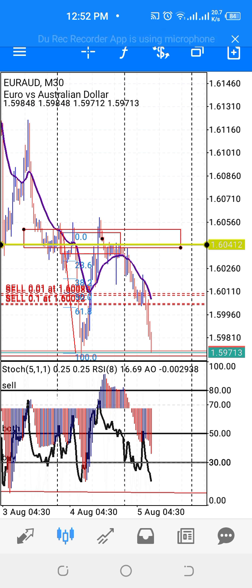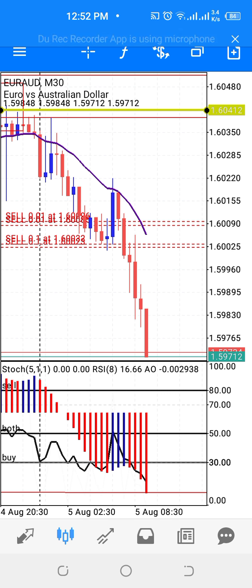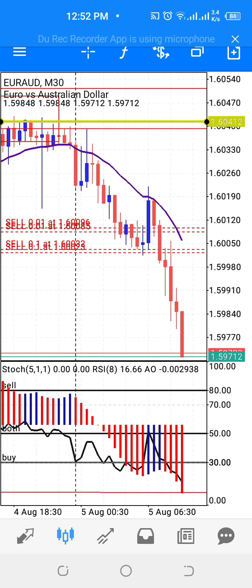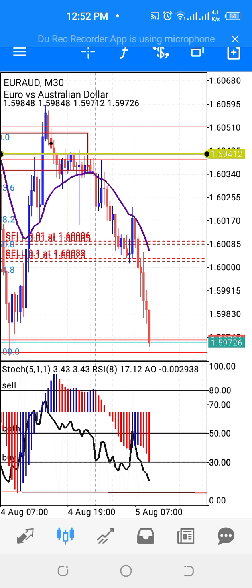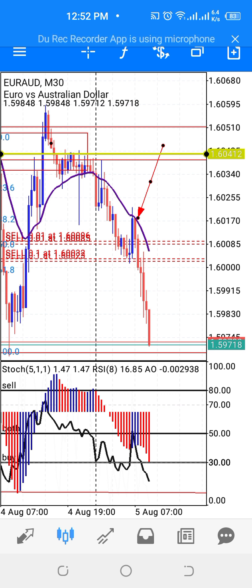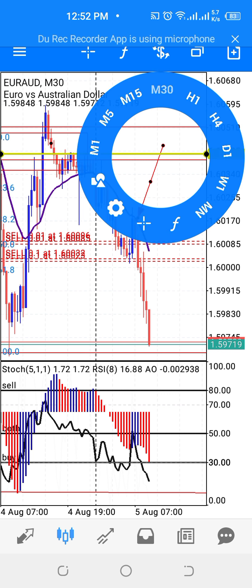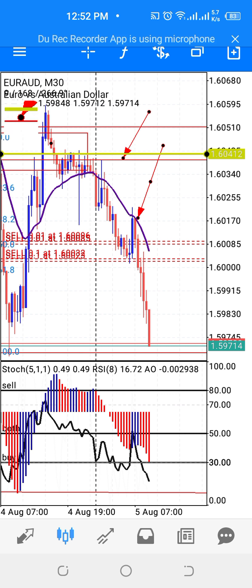Then from this point, for you to enter the market, we use what we call the 20 moving average strategy. You can see how the market came and tested this moving average, then broke here and tested again there.